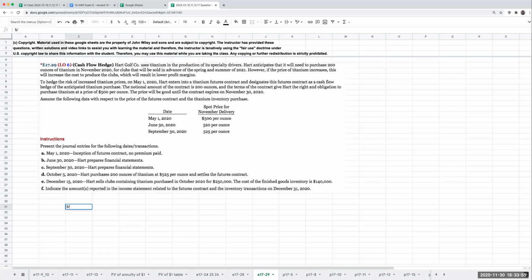So when we enter in on 5/1/20, there's no cash paid. So what we have to do is disclose this.